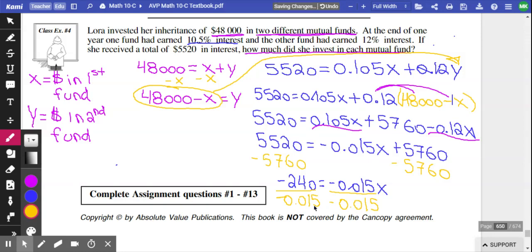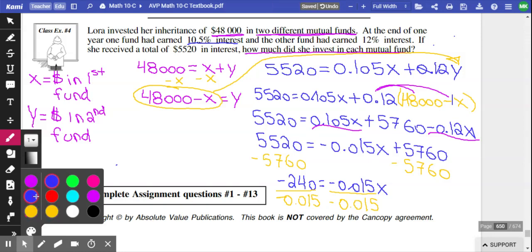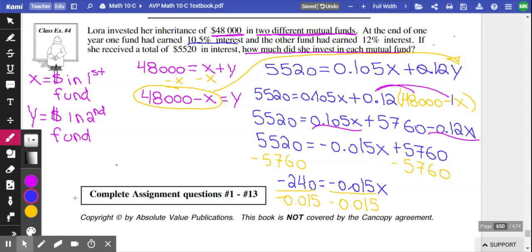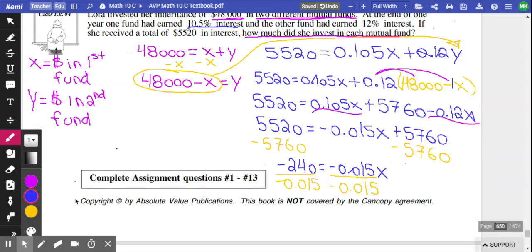You get an answer of $16,000 is X. X to us was the amount of money in the first fund. So we have $16,000 in the first fund. To figure how much is in the other fund, you could logically try to figure it out, or you could substitute it in here.